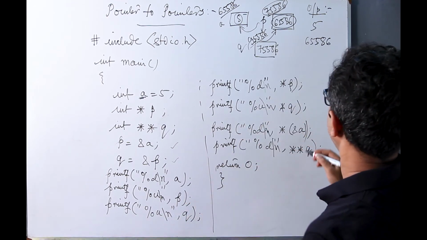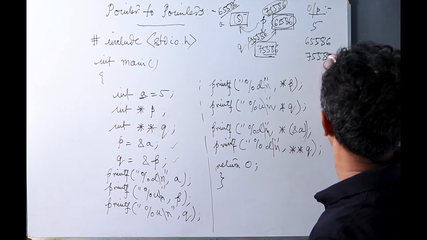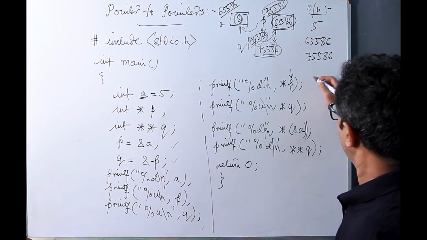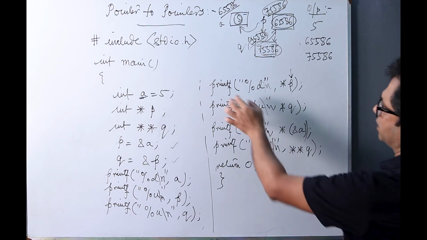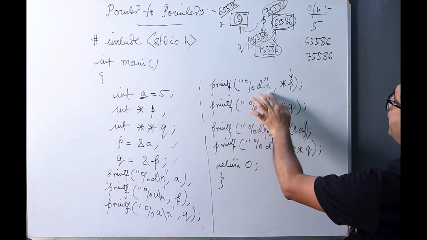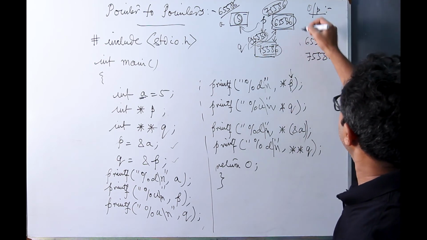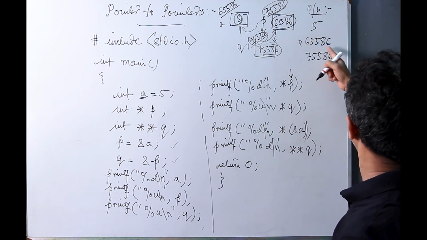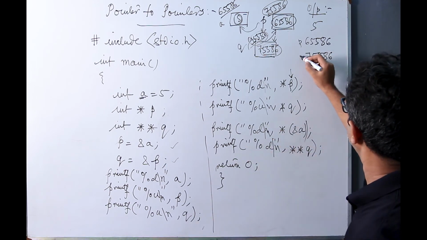Now comes this line, %u q. So what will this print? This will print 75586, as you can easily understand. Now we come to this line, which says print a %d, new line, star p. What is this p? p is nothing but this one, 65586. And q is 75586.